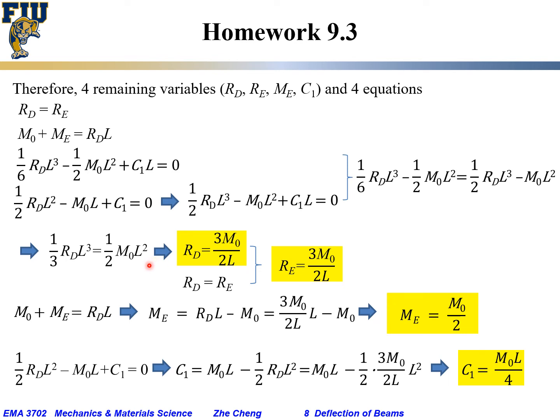As a result, Rd would be 3 M0 over 2L. Okay, L squared and L cubed cancel to become L.